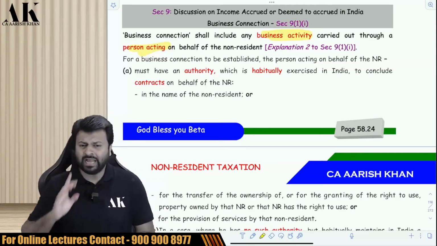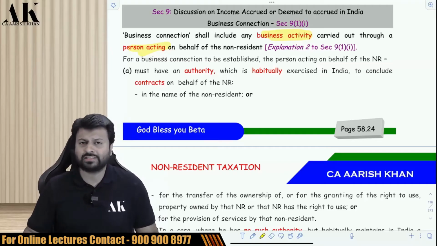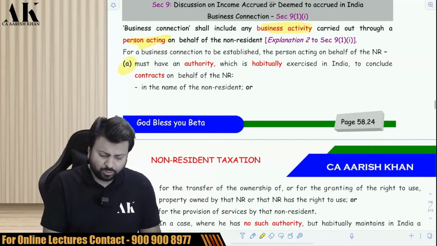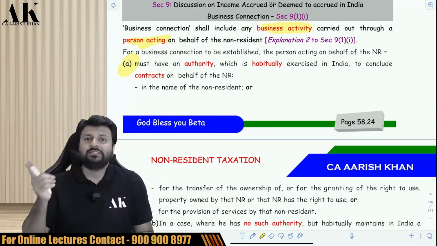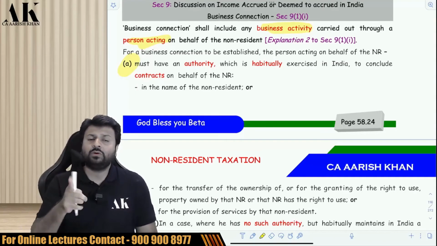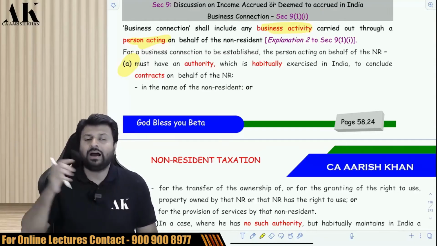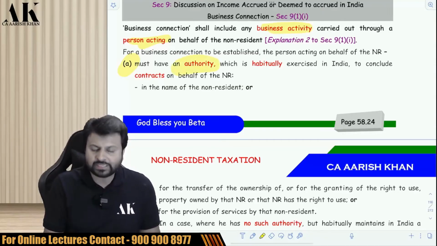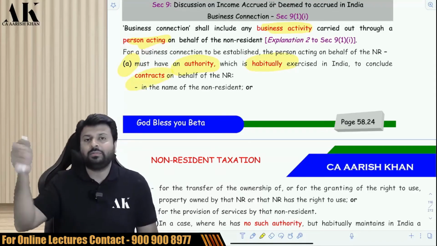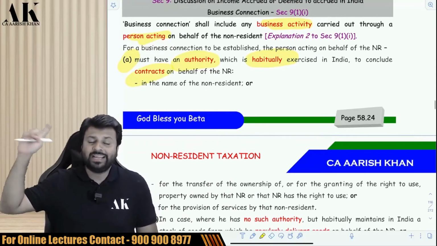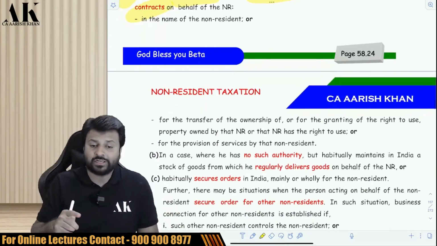Now, there are some issues here which we have to understand one by one. Issue 1: if there is a non-resident who is outside India and he makes an agent sit in India on his behalf, giving that agent an authority to habitually, that means regularly, conclude contracts on behalf of the non-resident in India, then it is deemed that the non-resident has a business connection in India.